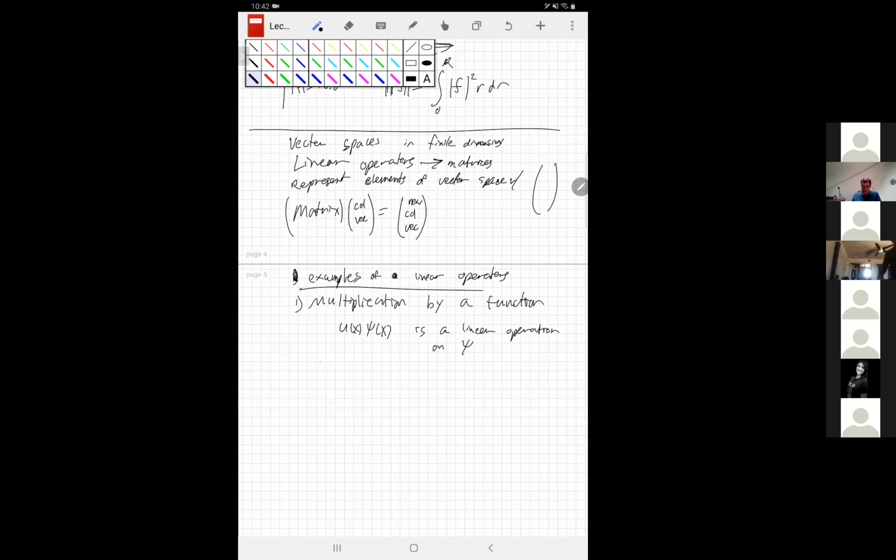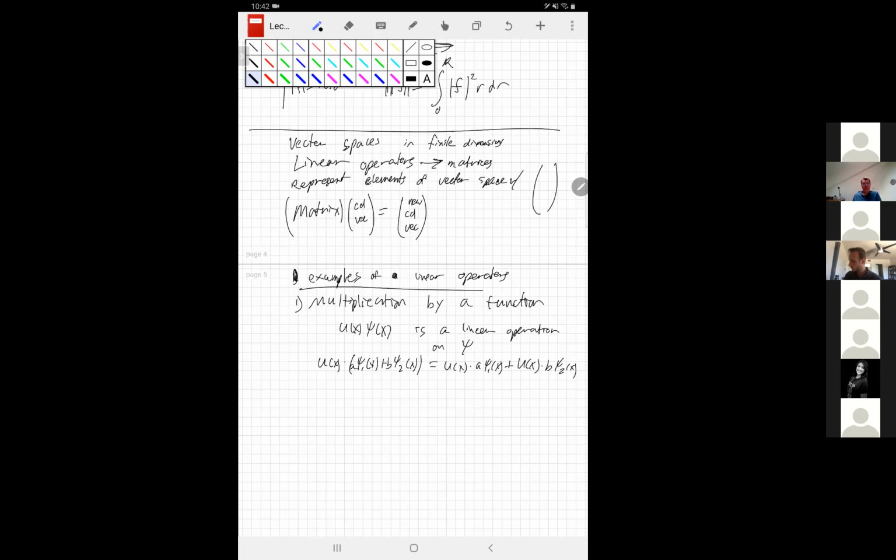But this is a linear operator because U of x times a psi 1 of x plus b psi 2 of x equals U of x times a psi 1 of x plus U of x times b psi 2 of x, all right?